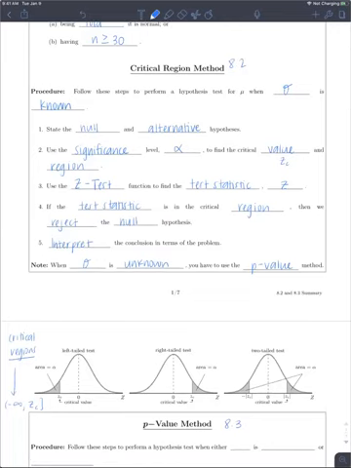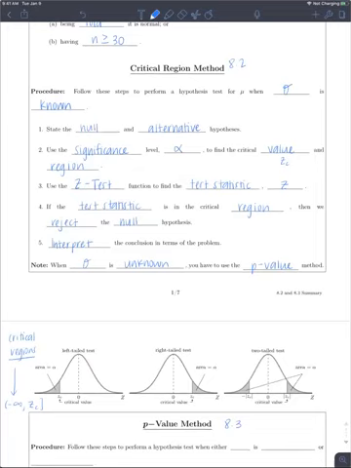Where does my critical region start if my test is right-tailed? Do you guys remember this interval notation? Yeah, it's the right side. So my interval should have positive or negative infinity, or both?